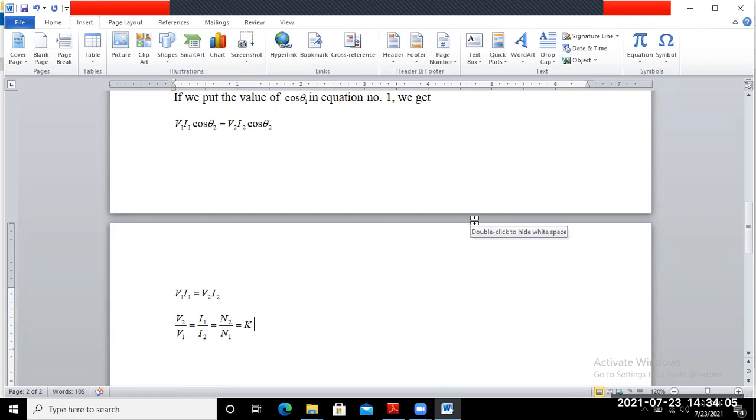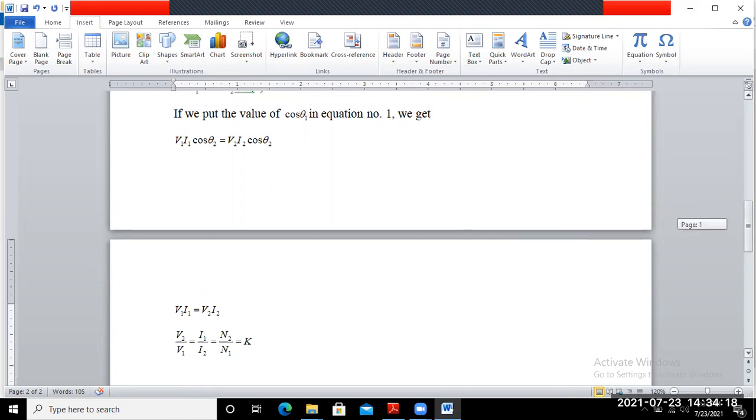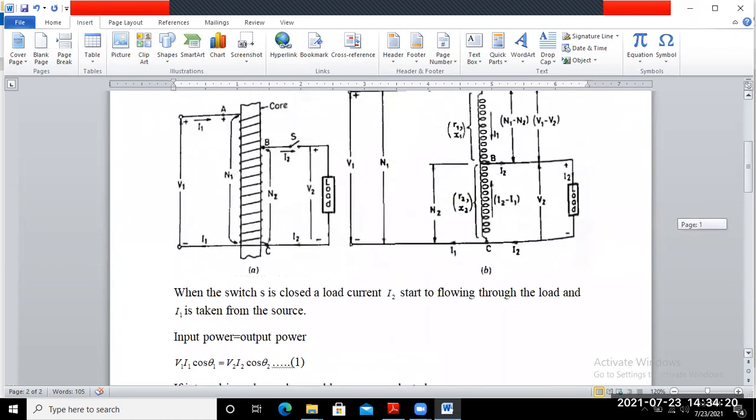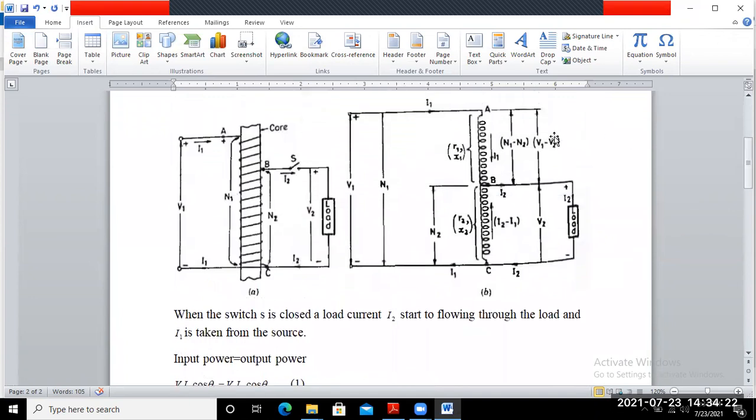Now we try to apply this to the winding, to see how much mutual power transfer there is. That means the MMF of winding AB, from this winding to this winding.